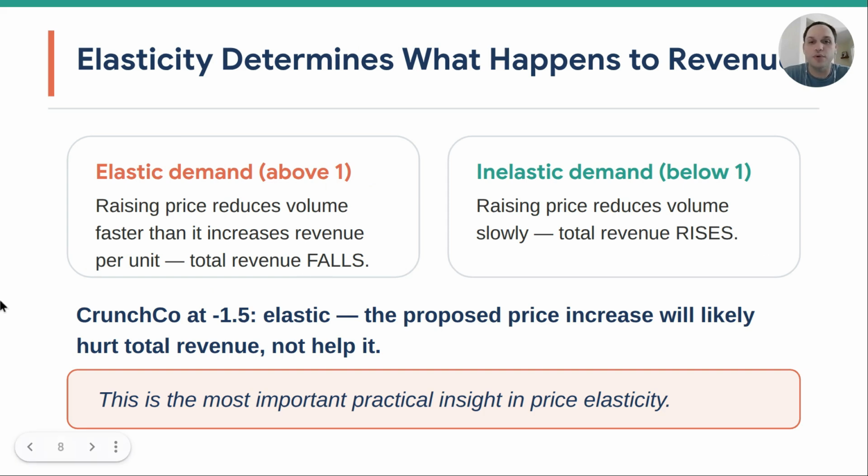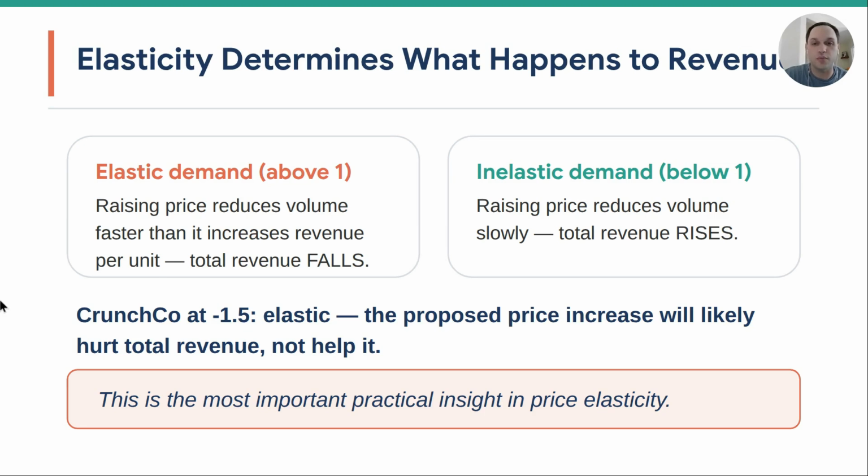Here's the most important practical insight that comes from knowing your elasticity. If demand is elastic, your customers are price sensitive. Raising your prices reduces volume and it increases what you earn per unit. The net effect, total revenue falls. If demand is inelastic, your customers aren't very price sensitive. Raising your prices reduces volume slowly.